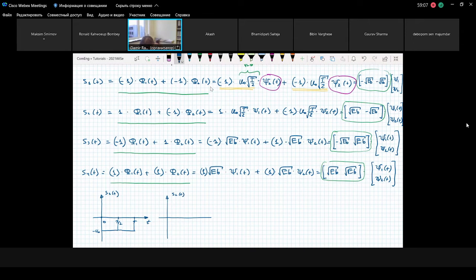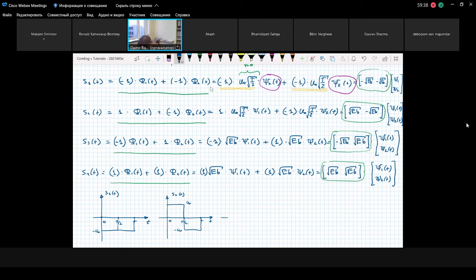S2 of t, we can do something similar. We take the positive part, we have phi1 of t as it is, and then we take minus phi2 of t. We get this kind of signal. It goes from minus u0 to u0.